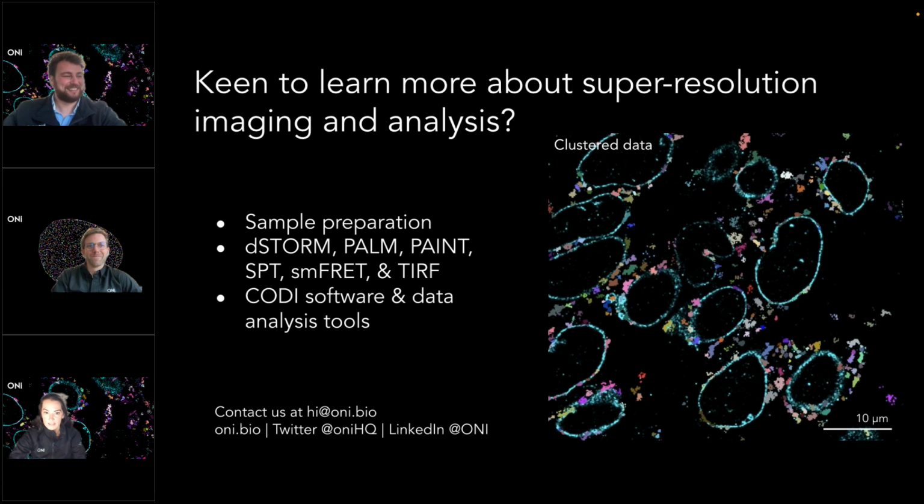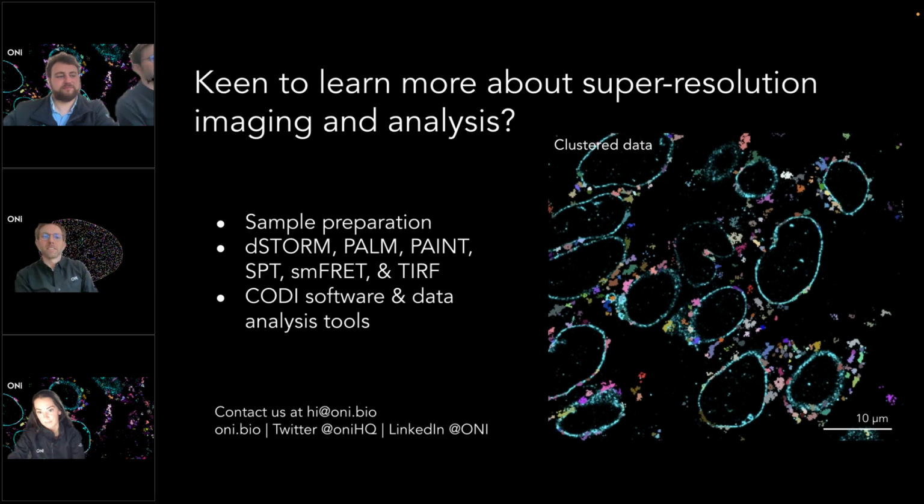All right, great. Okay, next question. In dSTORM, how do you distinguish the individual molecules if there is overlap in fluorophore emission in a single frame? Yeah, I can take that one. It's what I was showing on some of the slides in the introduction.